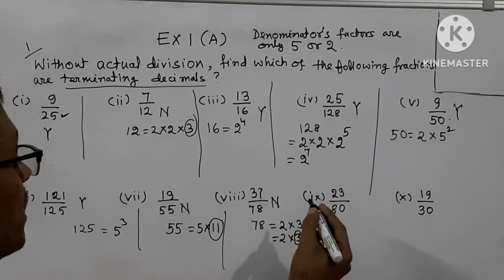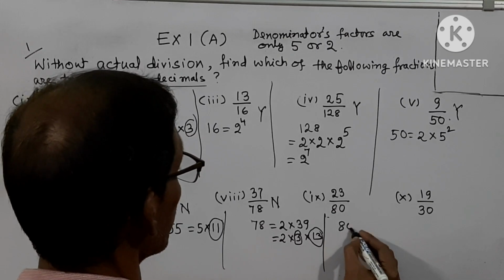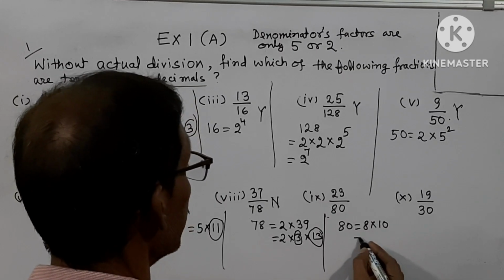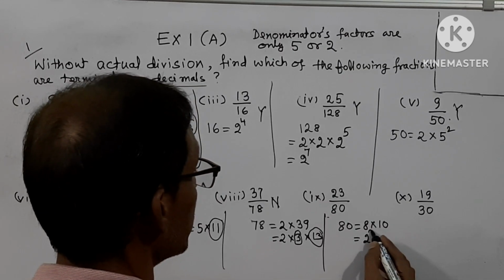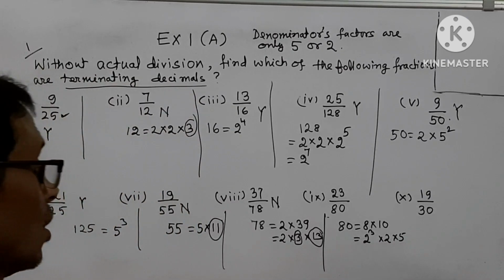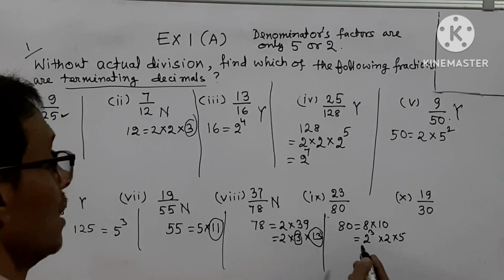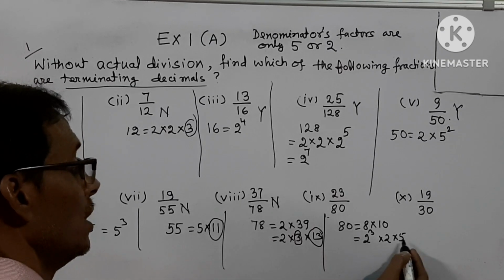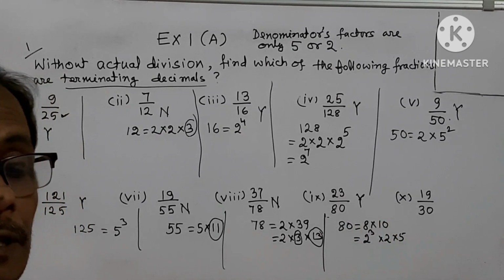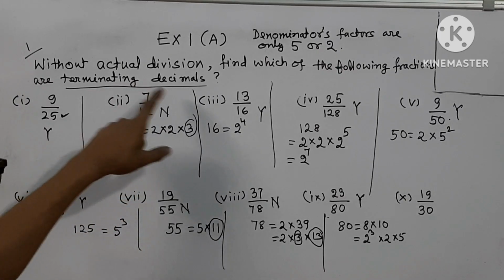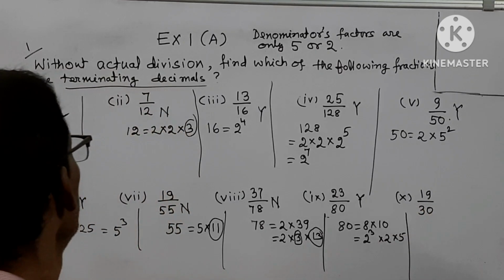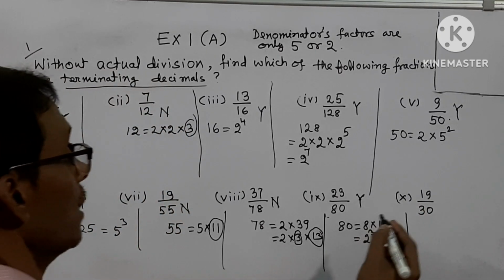Let's see number 9, 80. 80, you know, is 8 into 10. 8 is 2 to the power 3 and 10 is 2 into 5. So here also you can clearly notice that 80's factors are only 2 and 5. So you can clearly say this is a terminating decimal number. Again, number 10, 30.